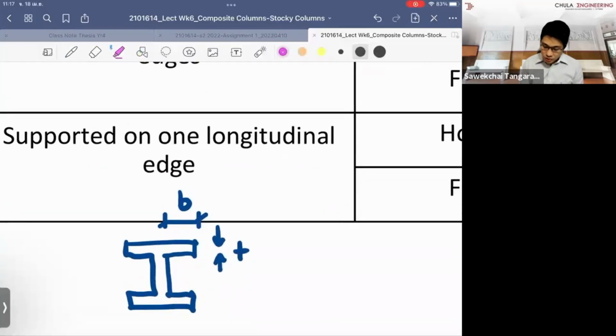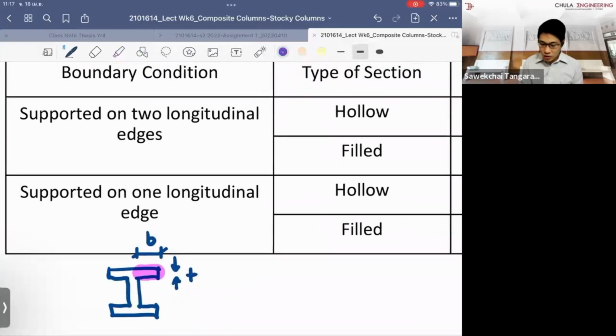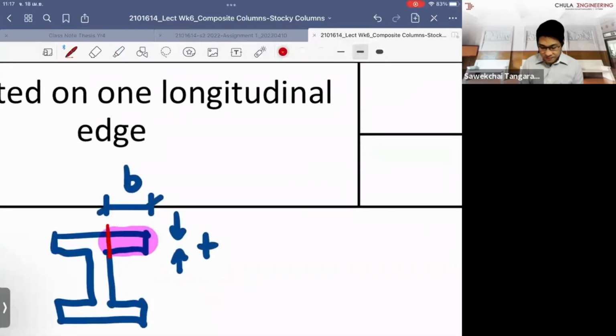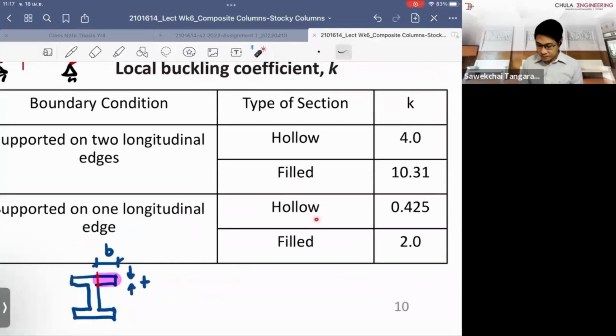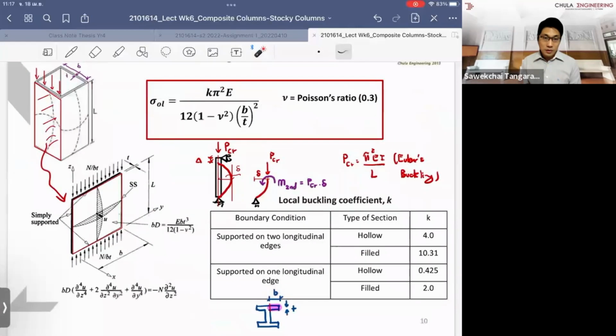So in this proportion, you have one longitudinal support, which is at the edge here. When you check between the hollow section alone and the filled section, the capacity is more than 5 times, right? So this confirms that when we use the composite column, it provides more capacity because it prevents local buckling and provides concrete confinement.